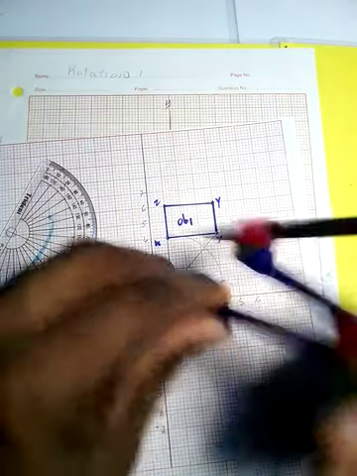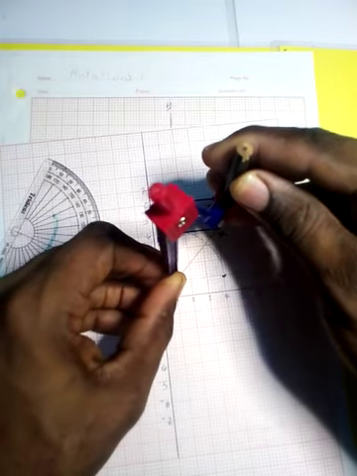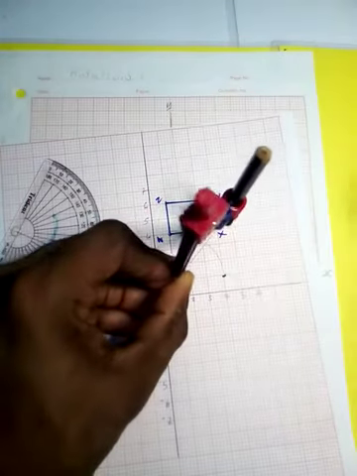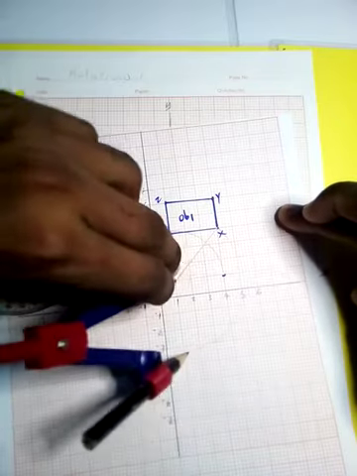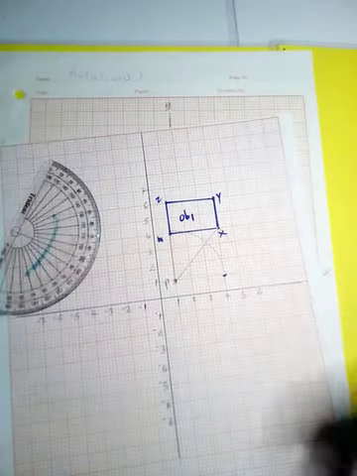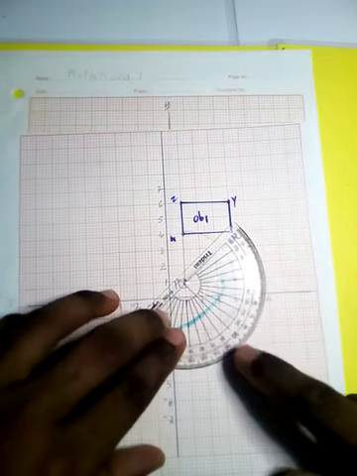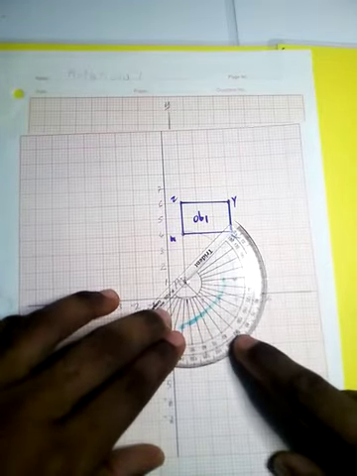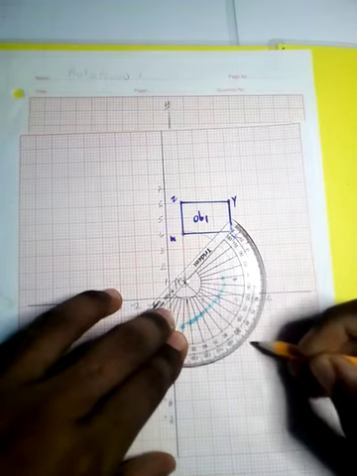Open our compass to the distance from the point of rotation to that point, and we create an arc or semicircle. Then we take our protractor and set it at this point of rotation, and measure off 90 degrees to our right.